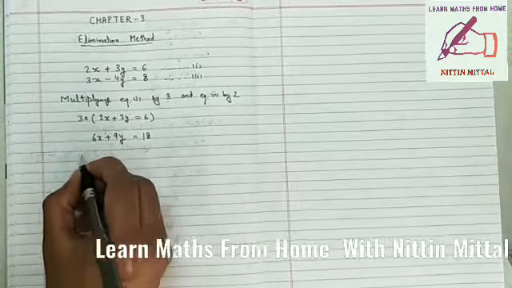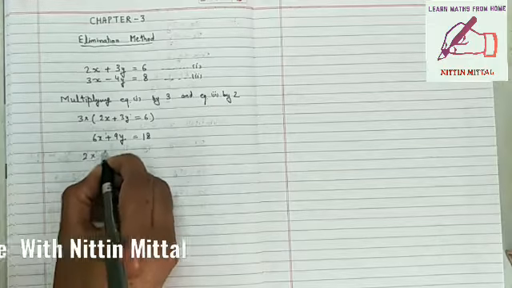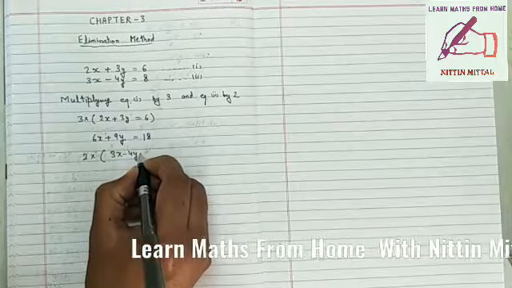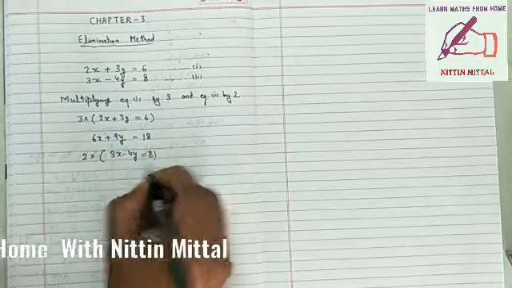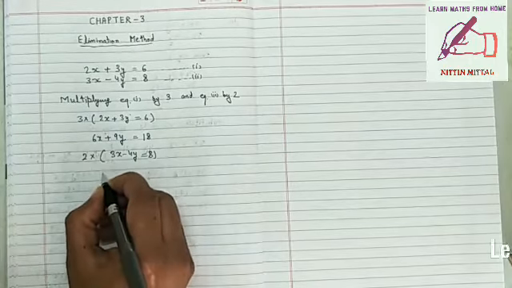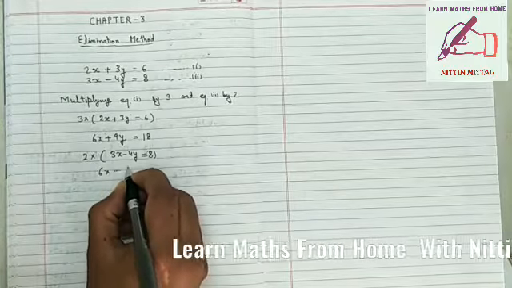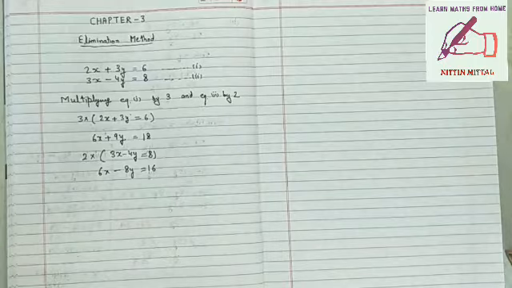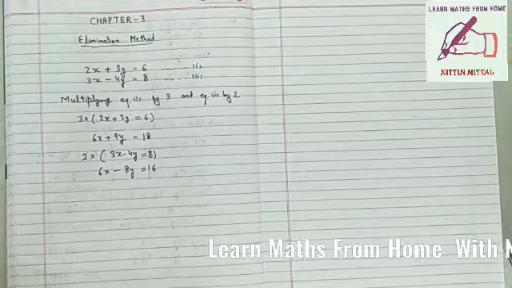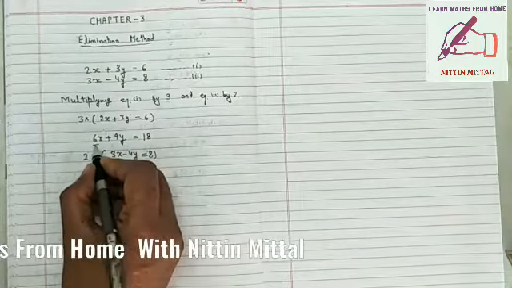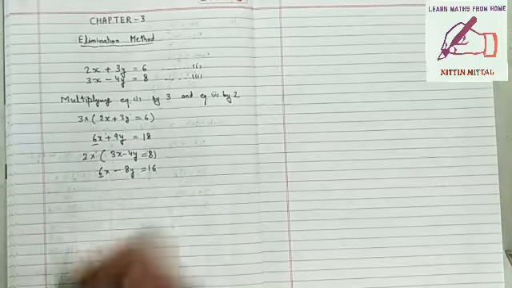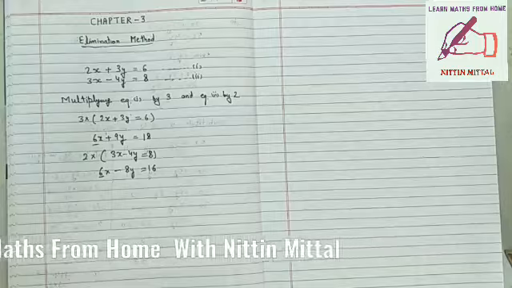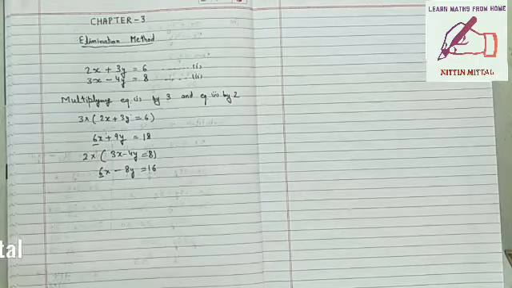And when you multiply equation 2 by 2, 3x minus 4y equal to 8, you multiply 2 threes are 6, so you will get 6x minus 8y equal to 16. So we have multiplied, and you see here the coefficient of x is 6 and here also the coefficient of x is 6, is it?